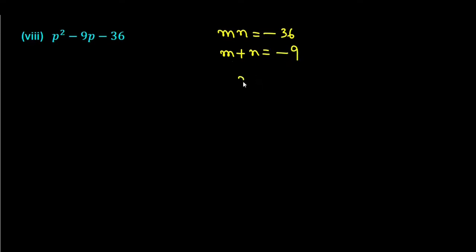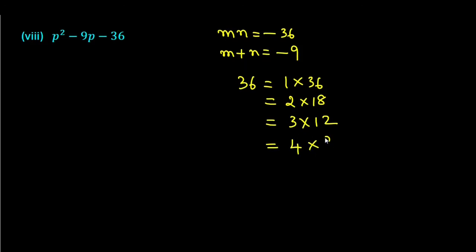So let us write factors of 36. 1 into 36, 2 into 18, 3 into 12. This is also divisible by 4, so 4 into 9. 36 is not divisible by 5. 36 is divisible by 6, so 6 into 6.